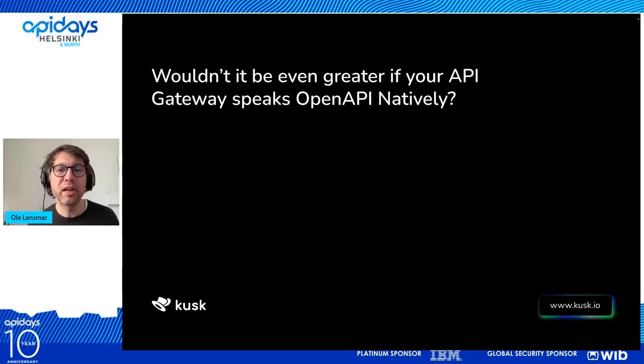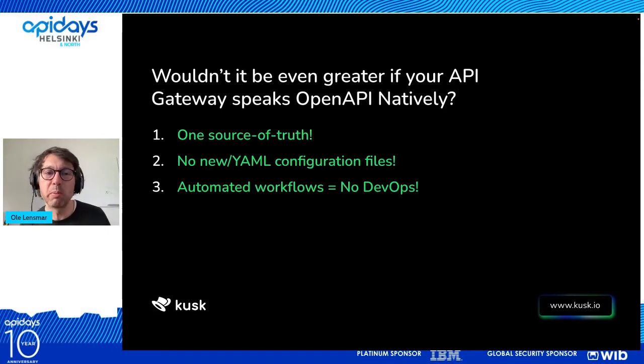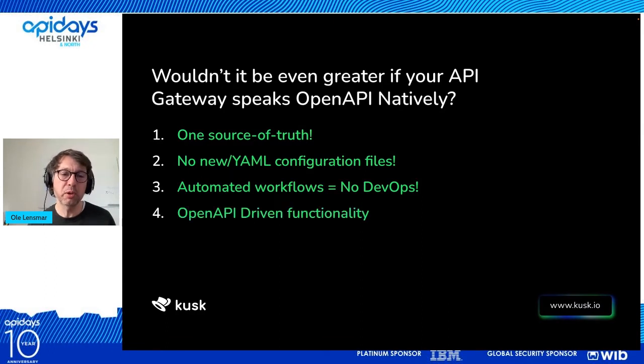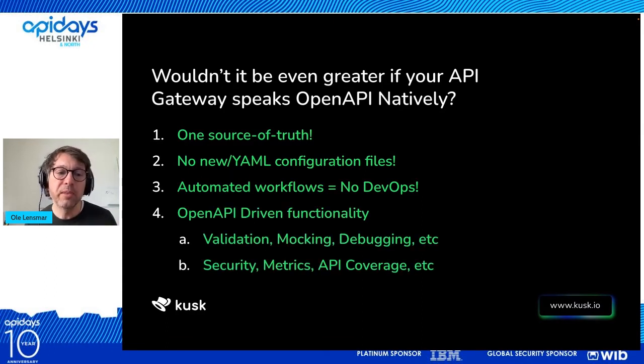And finally, wouldn't it be even greater if your gateway could speak OpenAPI natively, right? So you still have one source of truth. You would have no YAML files, and you could automate your workflows, but you could also use OpenAPI to drive a bunch of functionality. So you wouldn't have to write code for validating or for creating nice error messages.